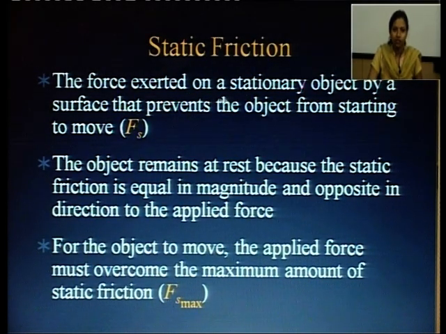Here are some points regarding static friction. It is the force exerted on a stationary object, at rest, by a surface that prevents the object from starting to move. The object remains at rest because the static friction is equal in magnitude and opposite in direction to the applied force.